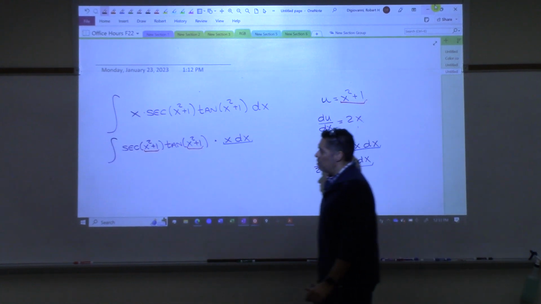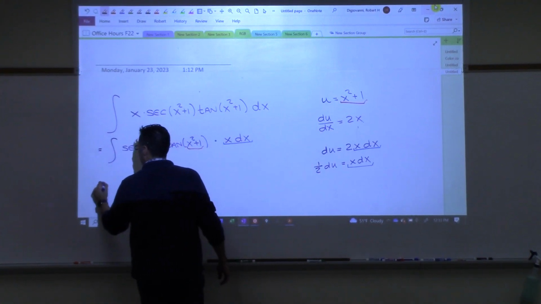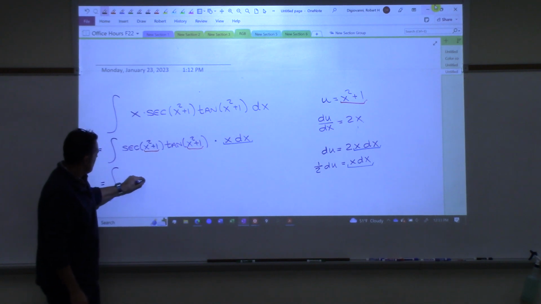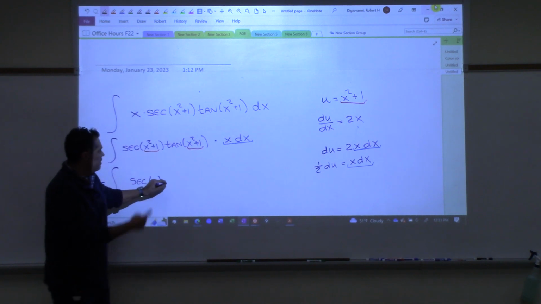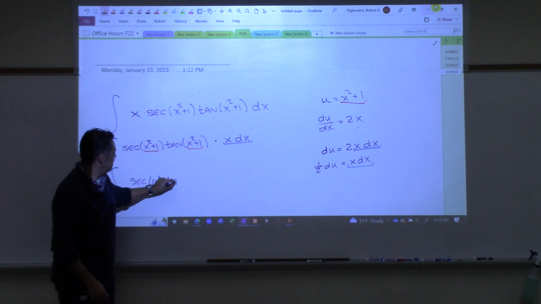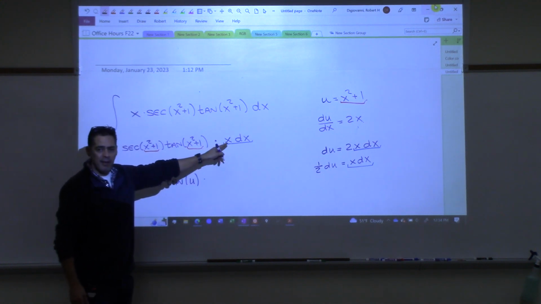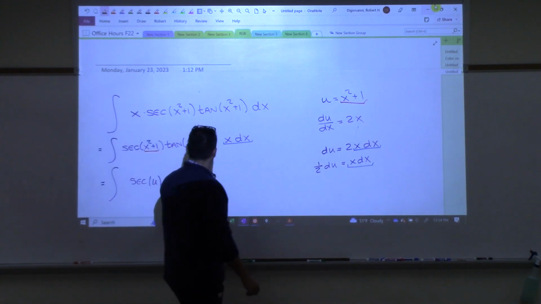So what does my new integral look like if I do my substitution here? I have secant u, tangent u, and then x dx gets replaced with half of du.